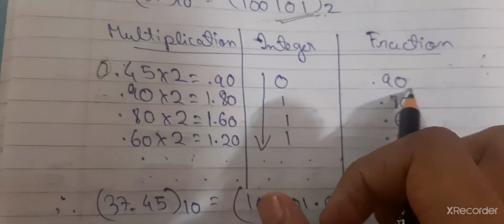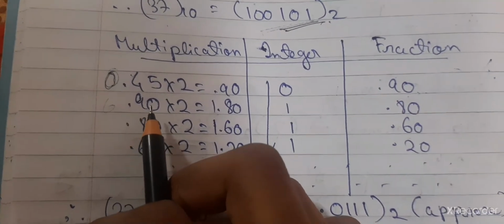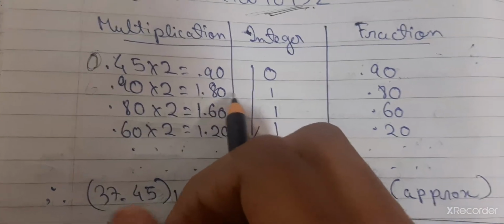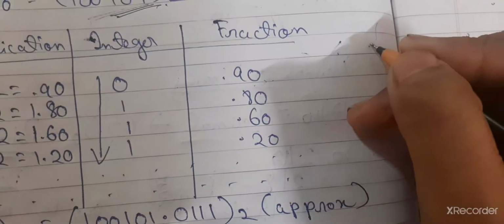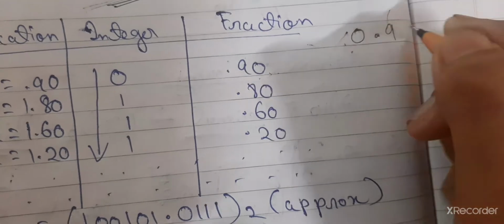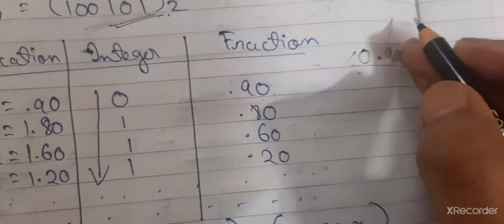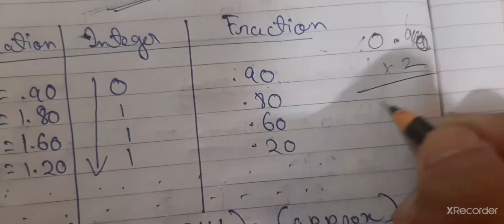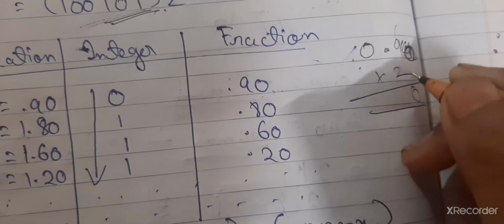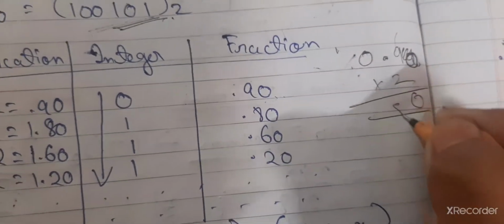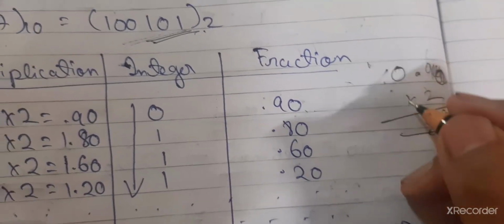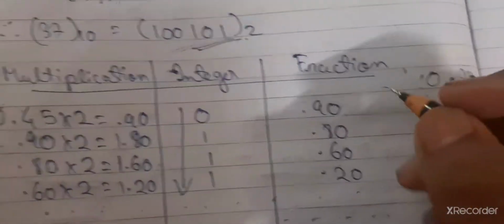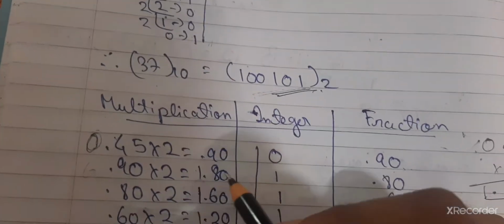So we get 0.90. Then we'll again multiply 0.90 into 2. Let us multiply 0.90 into 2. 2 9s are 18, so 1, 8, 0 plus the point sits after 2 places, so we get 1.80.